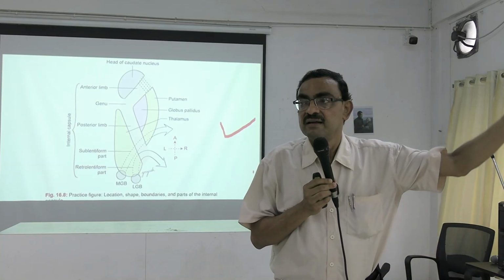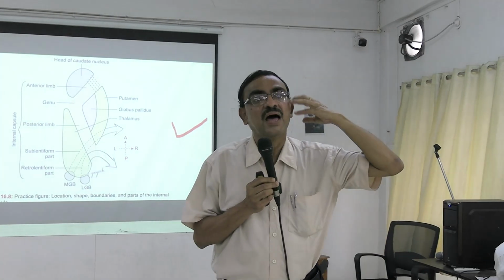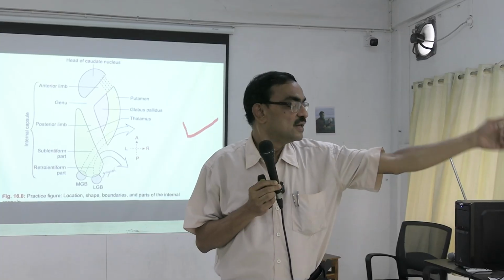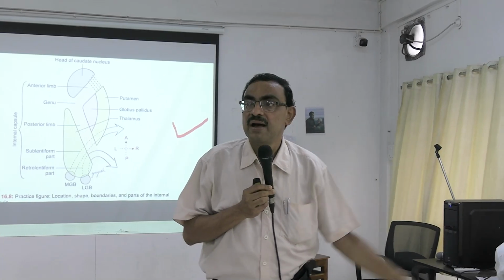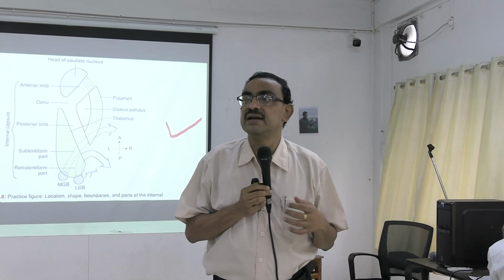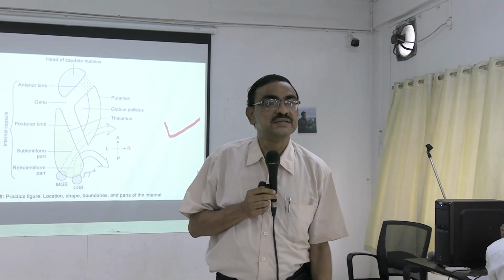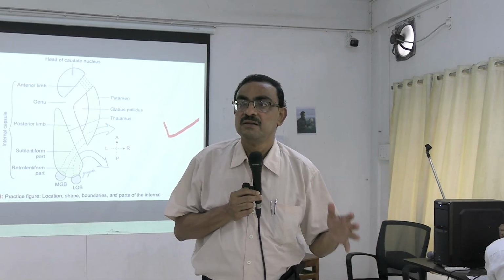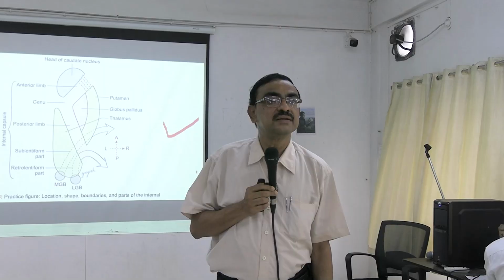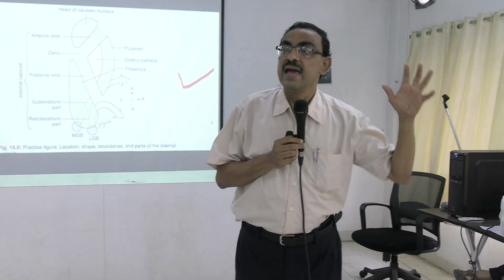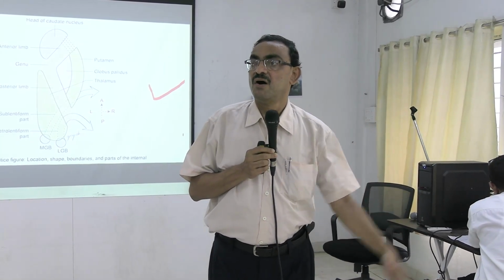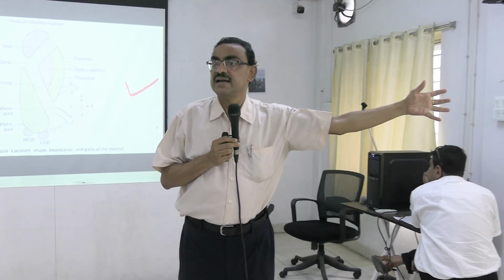Then what will happen? The upper part of the face, upper limb and lower limb will get affected. So, what will be the effect? There will be hemiplegia of the other side.